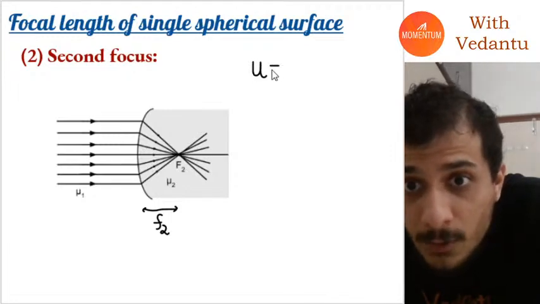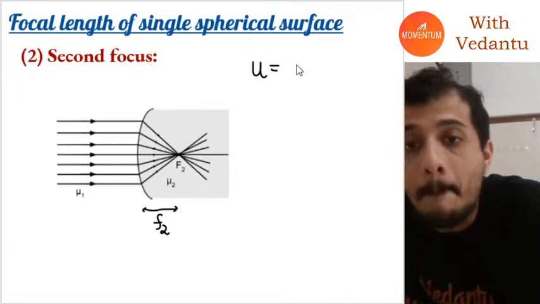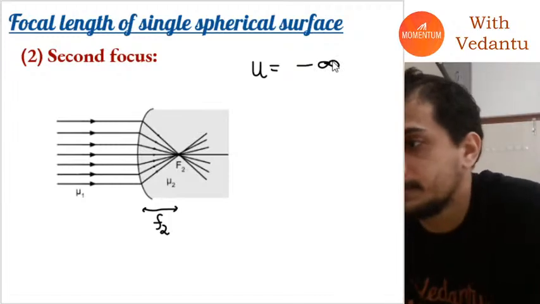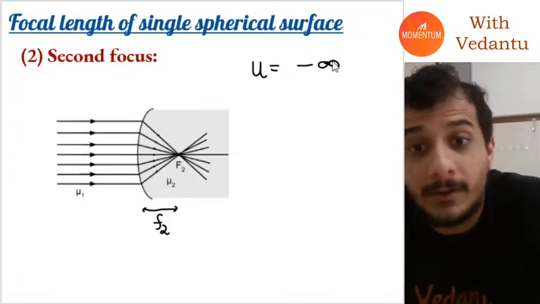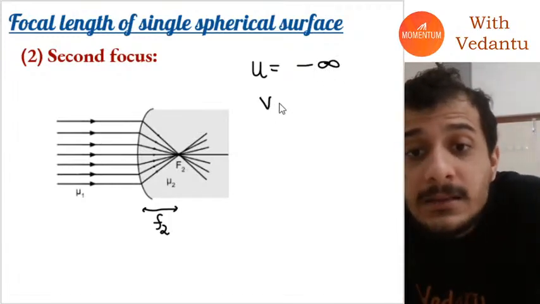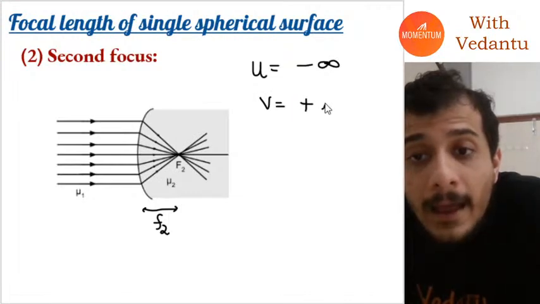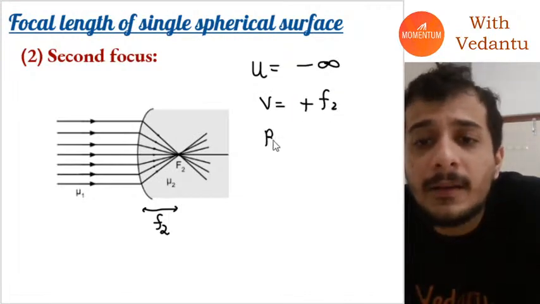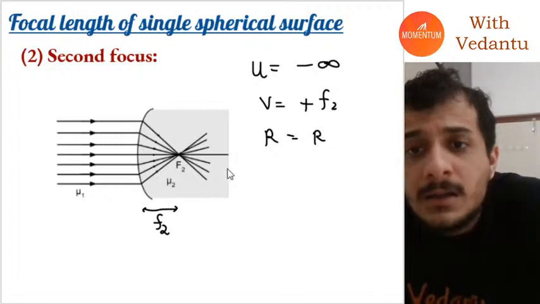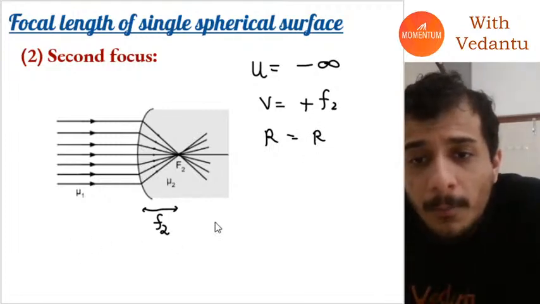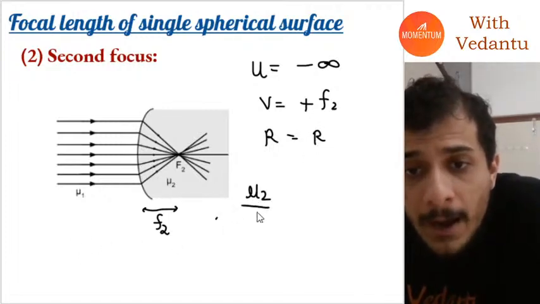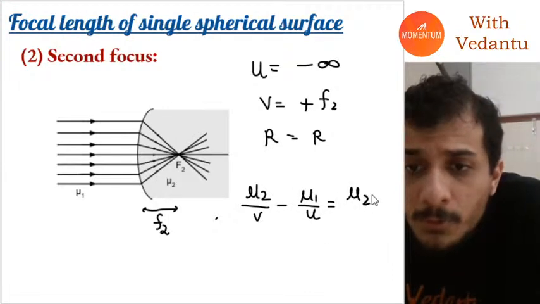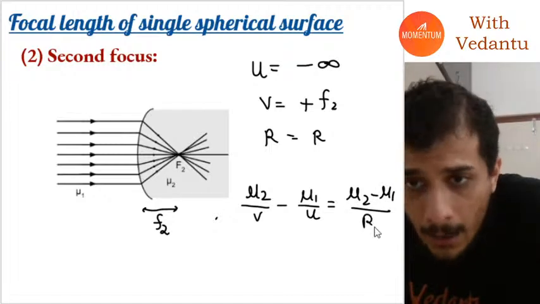You will say u is equal to minus infinity, and v is equal to plus f2, and r is just equal to r. Substitute this in the formula: mu2 by v minus mu1 by u is equal to mu2 minus mu1 by r.